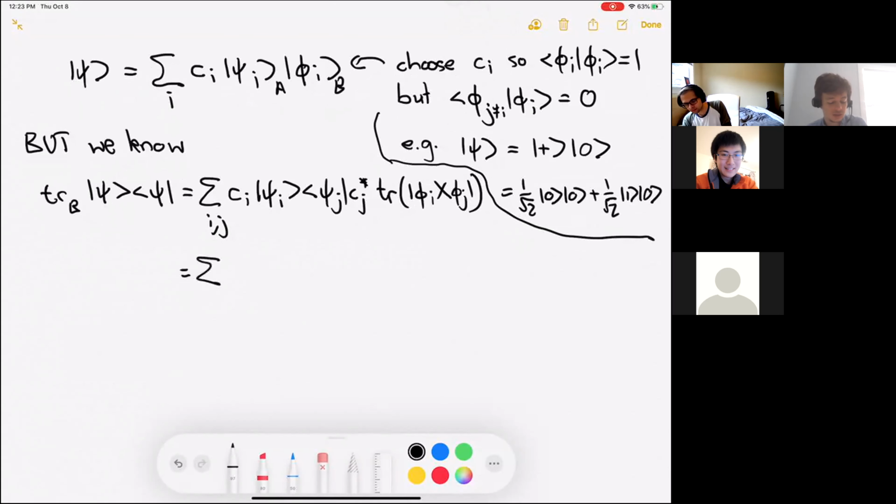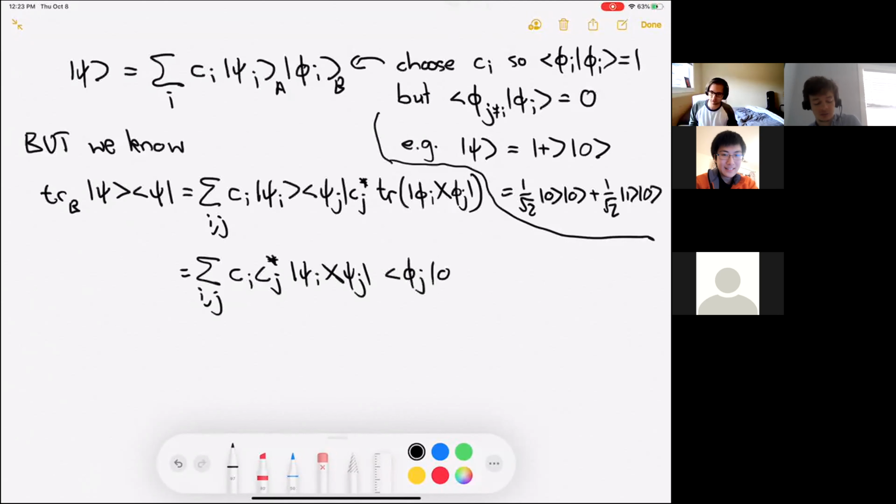This trace over B of |phi_i><phi_j| is just the inner product of phi_j with phi_i. So this is the sum over i and j of c_i c_j star |psi_i><psi_j| times the inner product of phi_j with phi_i.